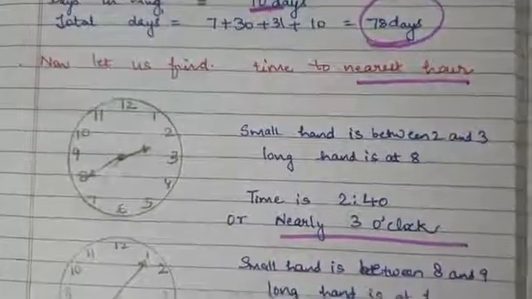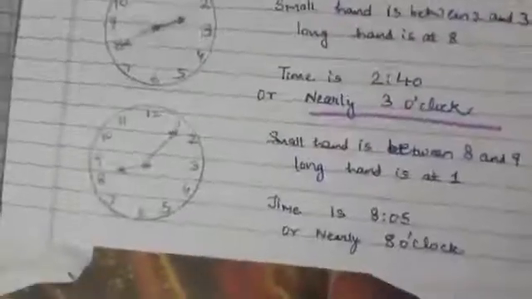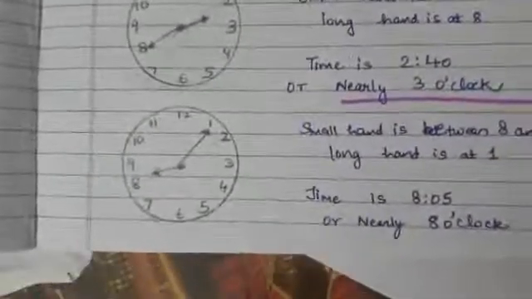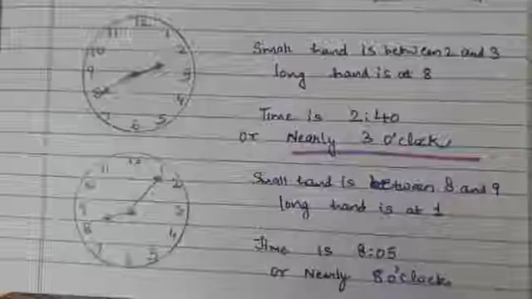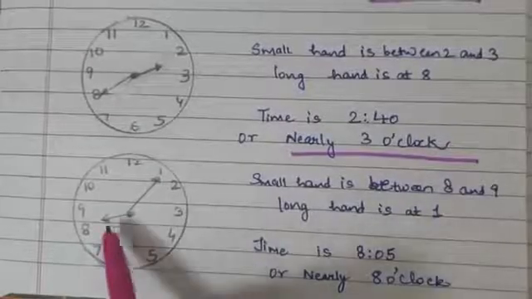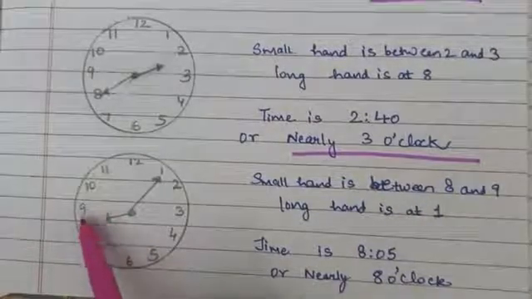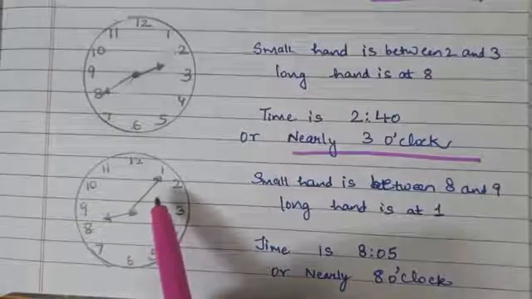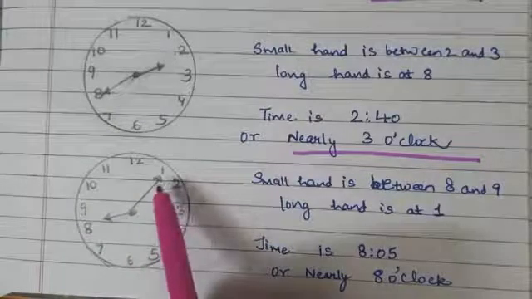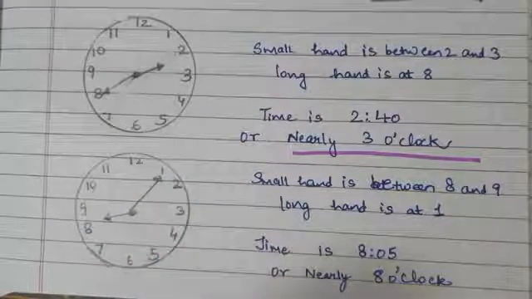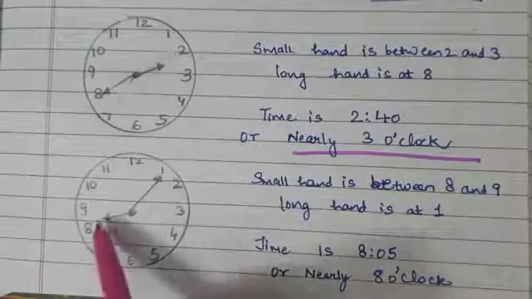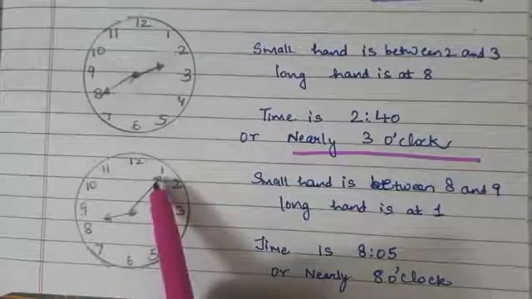Now see the next clock. If you see the next clock, the small hand is in between 8 and 9, and the long hand is at 1. So the time will be 8:05.